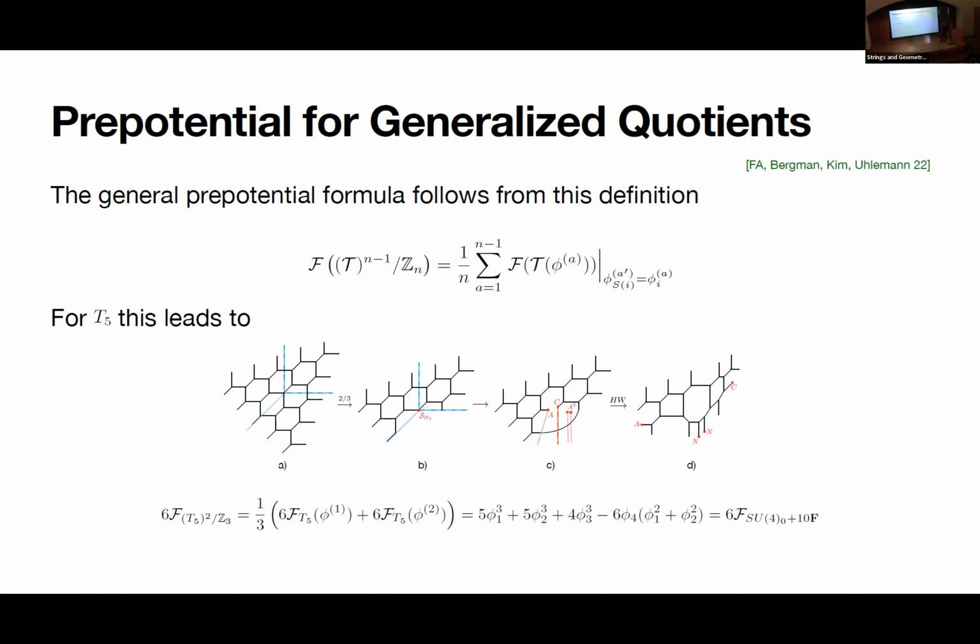And then you can go ahead and check. Indeed, if you do the 2/3 quotient of T5, what you get after Hanany-Witten moves is the brane web for SU4 plus 10 flavors, and the new quotient formula works in this way, and you indeed get the prepotential for the SU4 with 10 flavors.